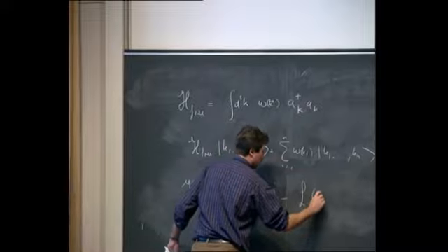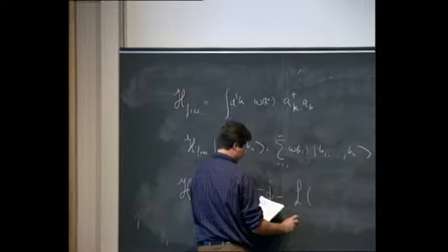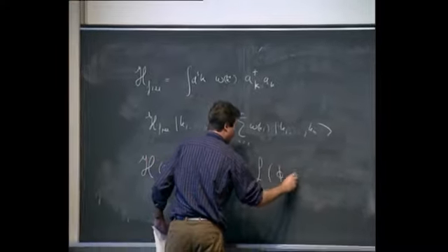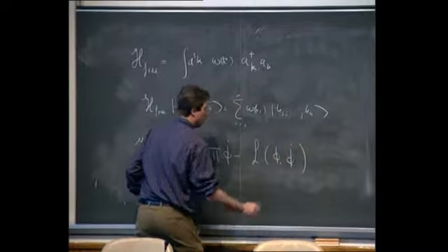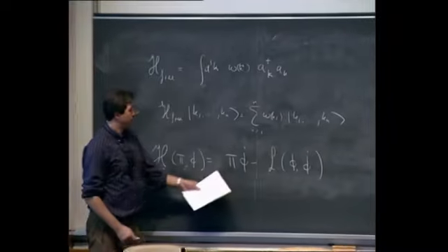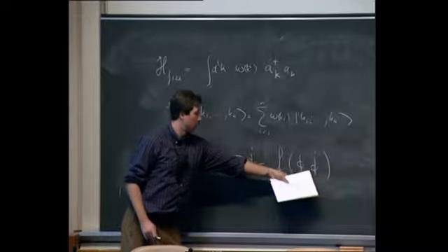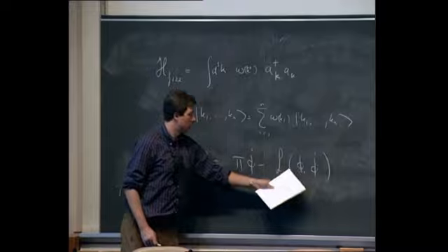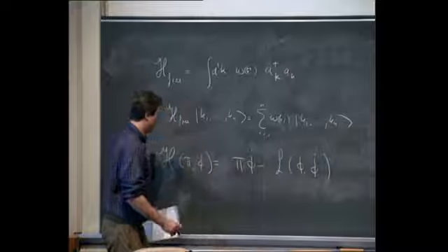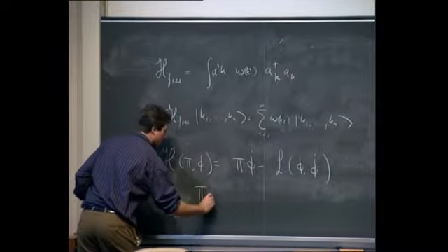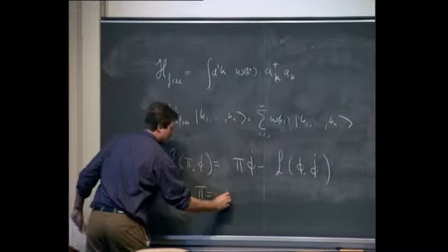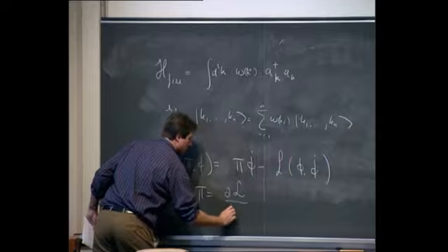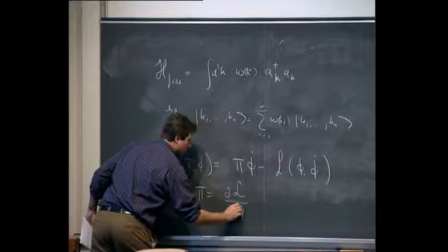which is related to the Hamiltonian in the following way: it's pi phi dot, as a function of phi, minus the Lagrangian density, which is a function of phi and phi dot, where we define pi as being the derivative of this Lagrangian density with respect to phi dot.